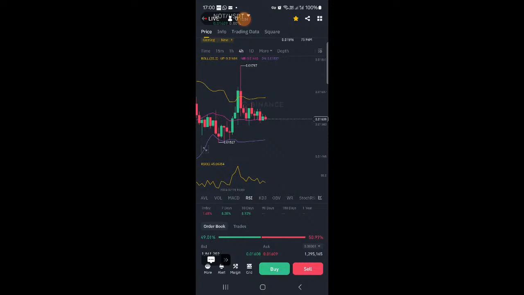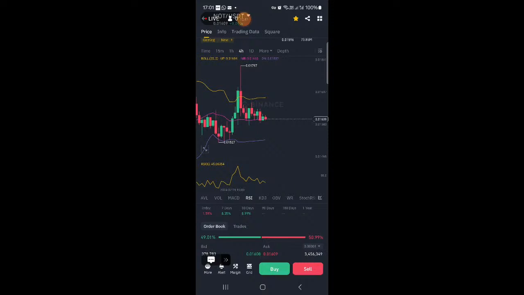We either wait for the price to come down lower, or we find another indicator that will tell us whether the market will continue moving up from here or continue going down. Now, in as much as the Bollinger Band and the RSI are not giving us a clearer piece of information, I am going to employ the third indicator, which is the Moving Average Convergence Divergence.